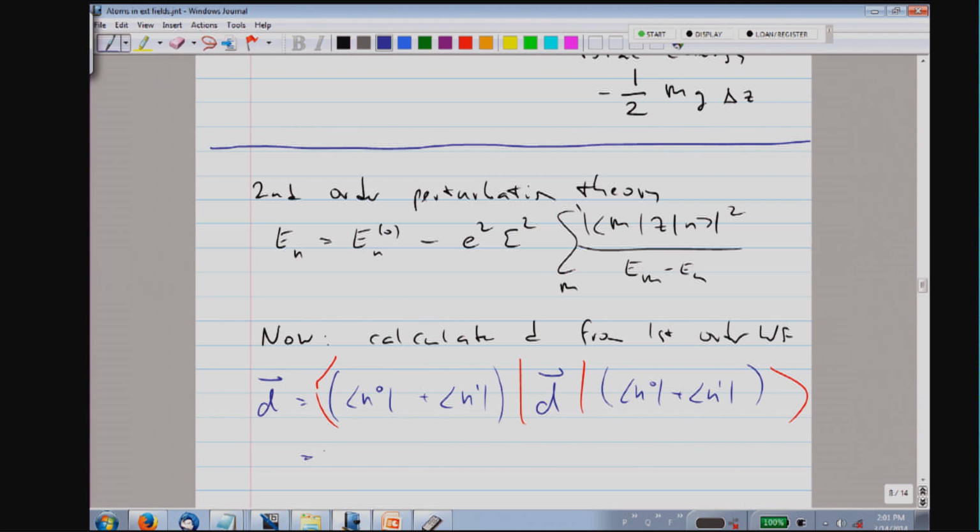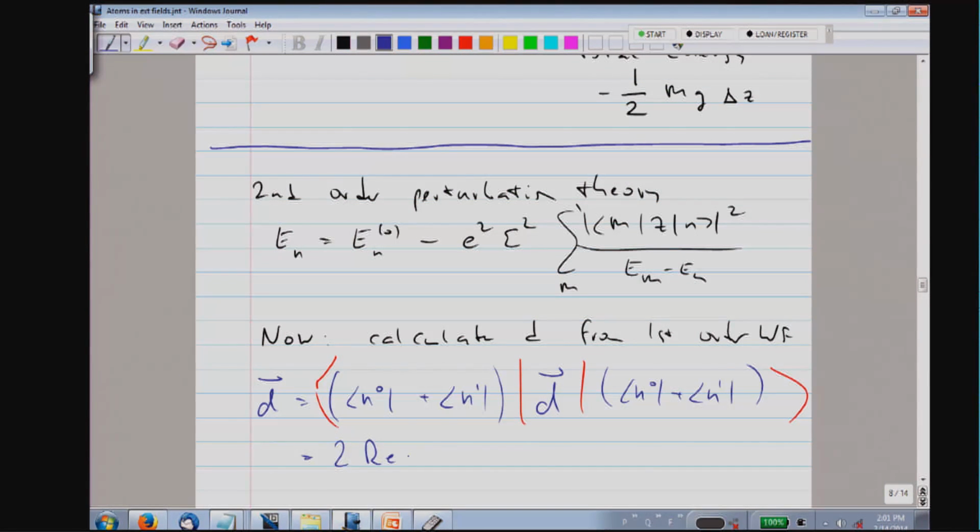And we know already that the diagonal terms do not contribute. This is the parity selection rule. So we get contributions from the cross term, which is n0, the dipole operator with n1.